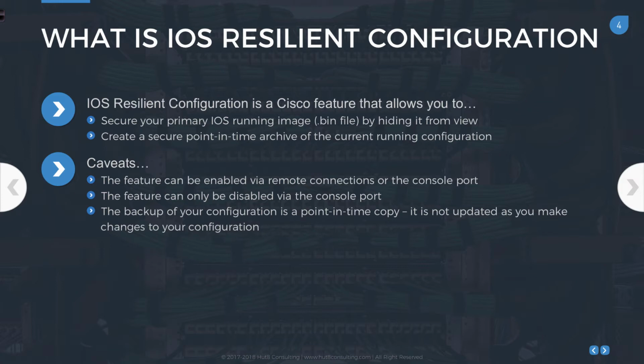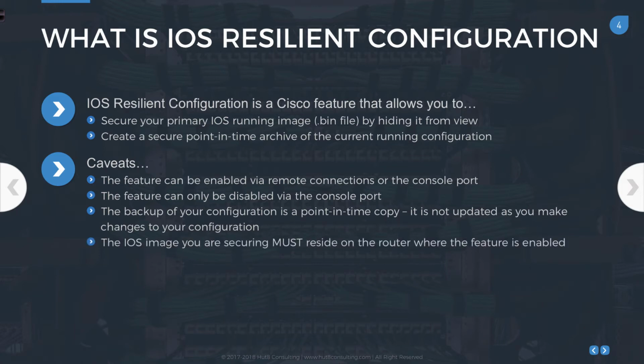So in other words, if you're making lots and lots of changes to the configuration, unless you disable only the config backup of the secure boot and then re-enable it, you're not going to see those updates. So it's point in time, which means when I type in secure boot-config, that is the copy of the running configuration that I'm going to be able to pull back and restore.